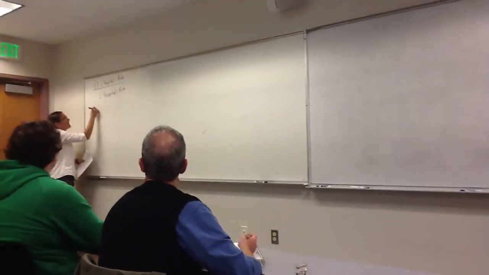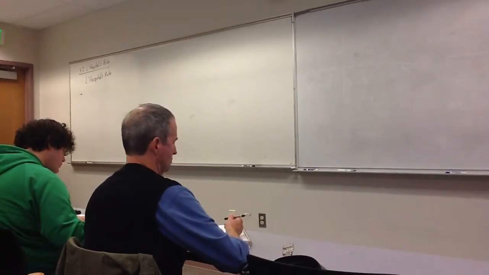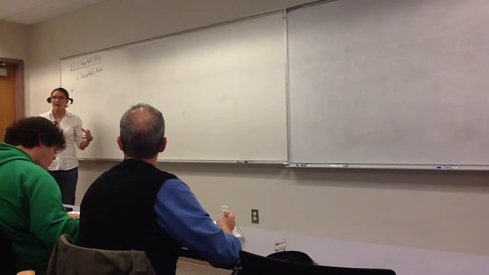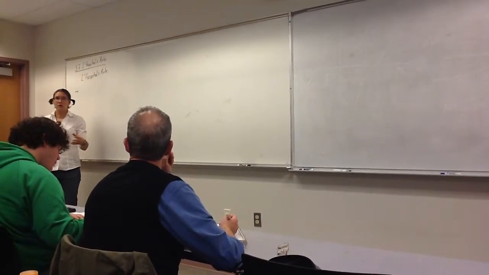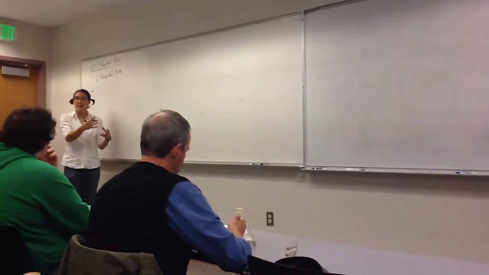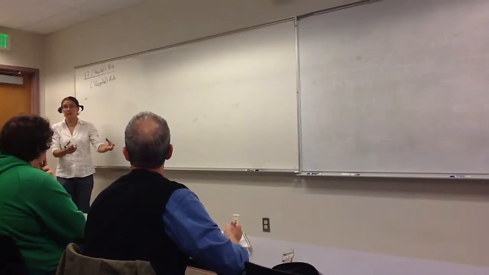Now, what's happening here is we're actually coming full circle from the beginning of the class. At the beginning of the class, we studied limits in order to come up with the limit definition of a derivative, and that allowed us to come up with formulas to calculate derivatives.